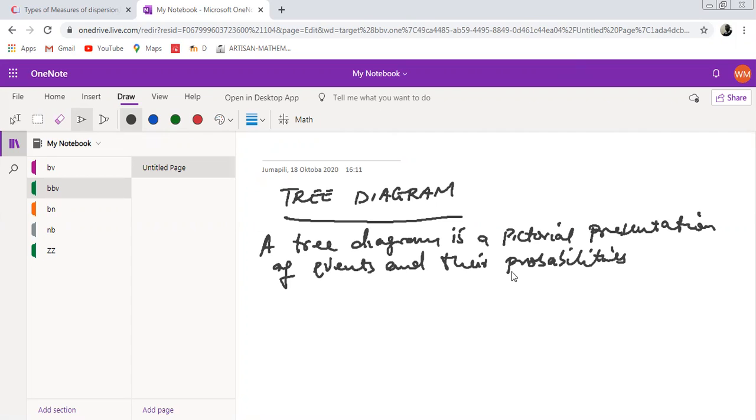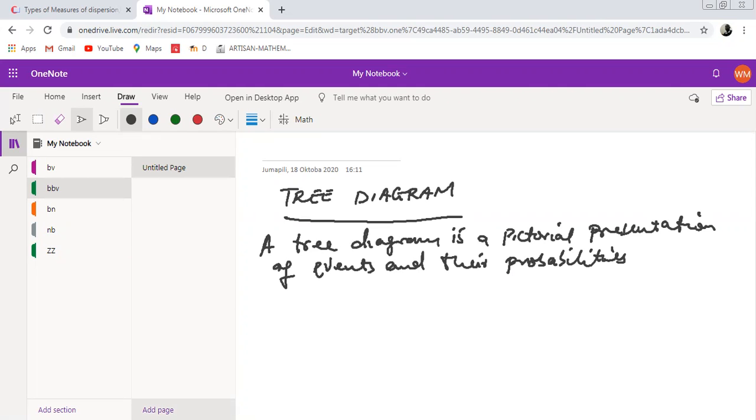So when we have an experiment that has been conducted, we are going to have different outcomes that we are going to witness from that particular experiment. The way we draw that experiment and all the possible outcomes in a picture way is what we mean by the tree diagram.